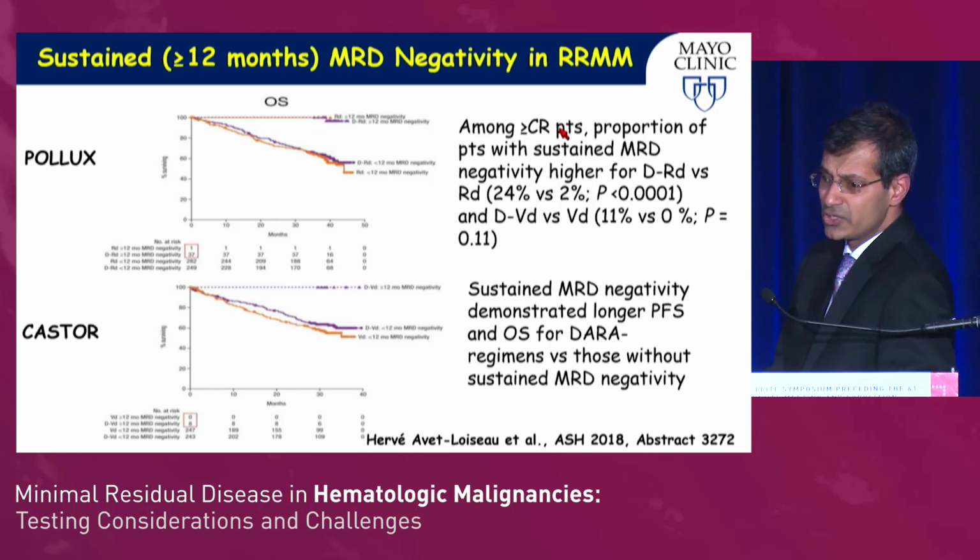Patients who had received the triplet did the best, and the ones who had a sustained MRD negative state did really well, as you can see in these flat curves across both studies, Pollux and Castor.